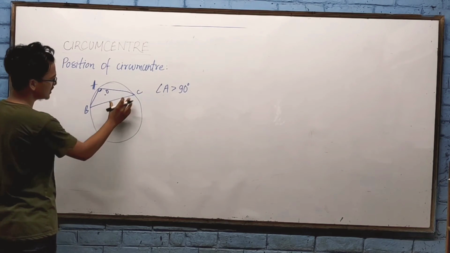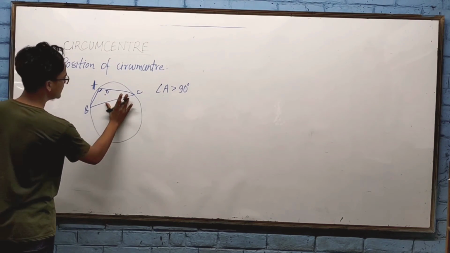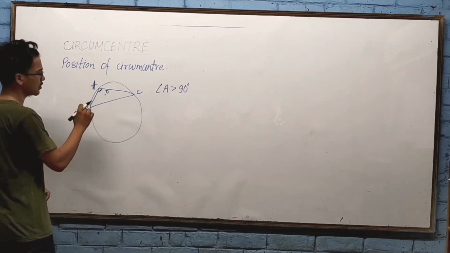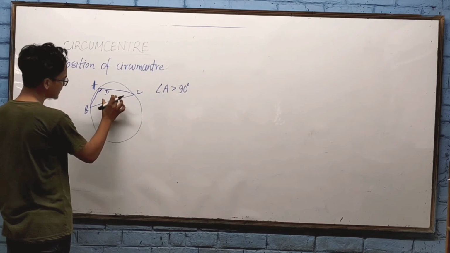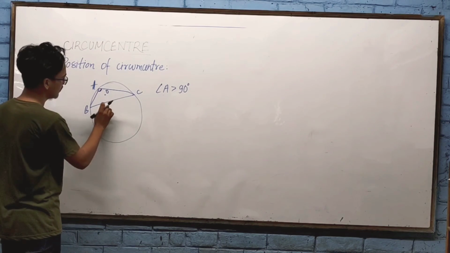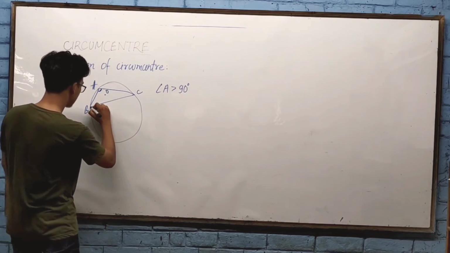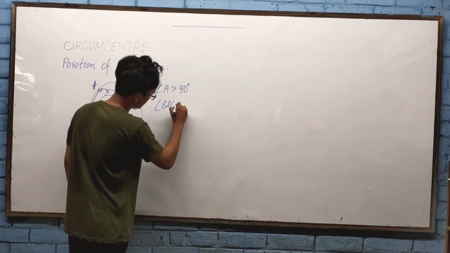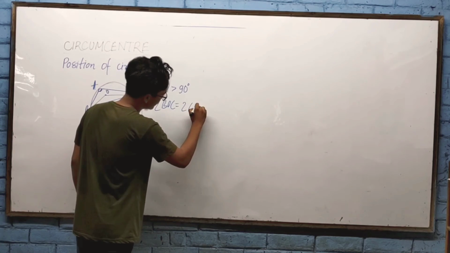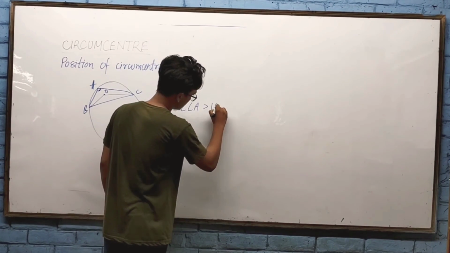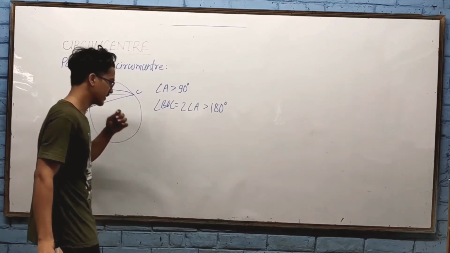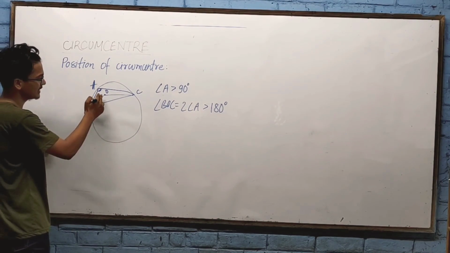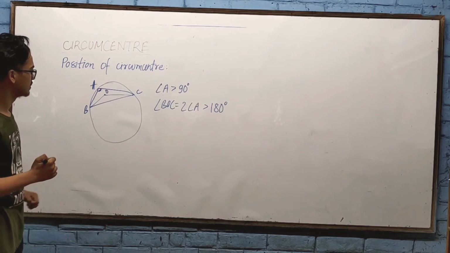This angle A is the angle subtended by the chord BC at point A. So the angle subtended by this chord at the center must be equal to 2A, that is angle BOC must be greater than 180 degrees, which clearly isn't possible when the center lies inside the triangle.